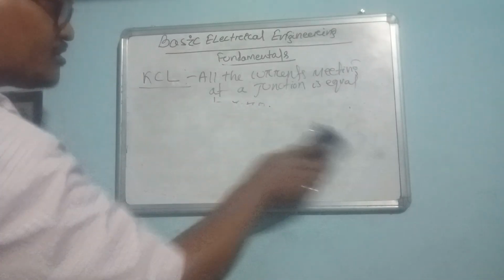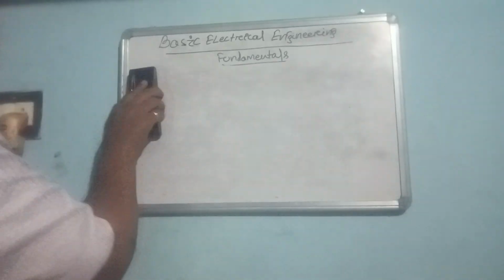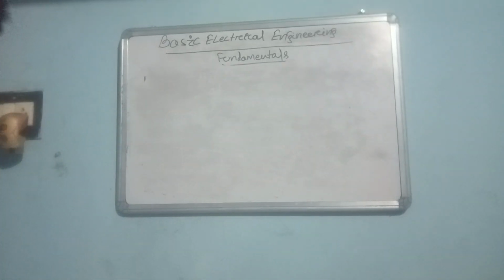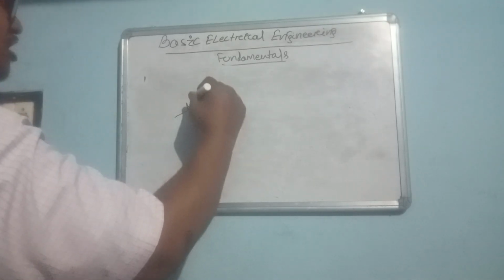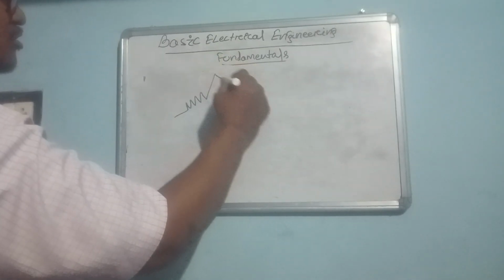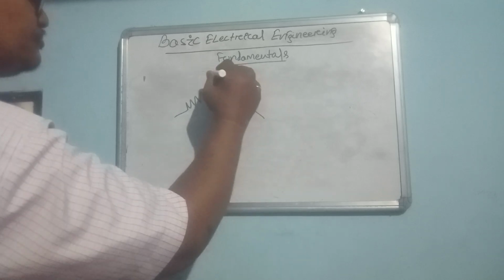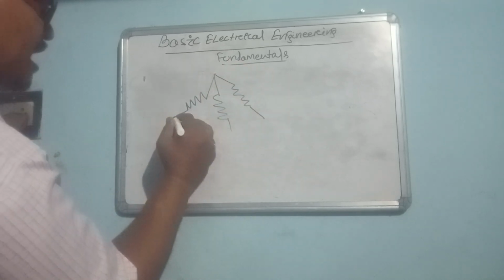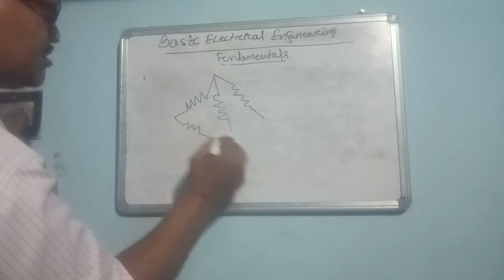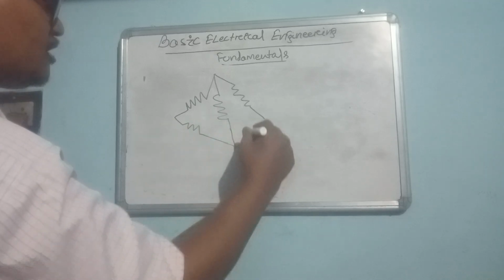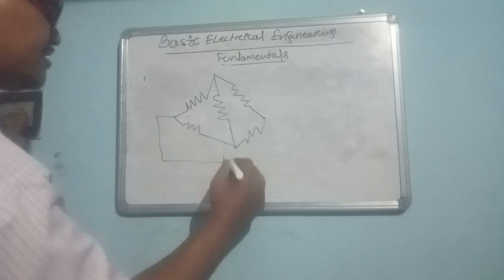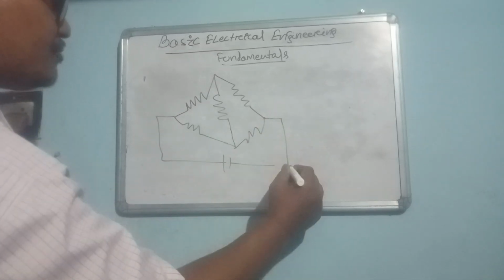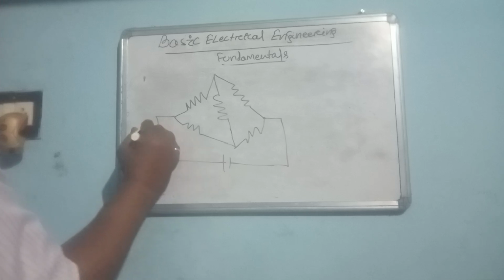I am giving a small example to solve this KCL. For example, suppose this is your Wheatstone bridge, and in this bridge we have currents in different branches.